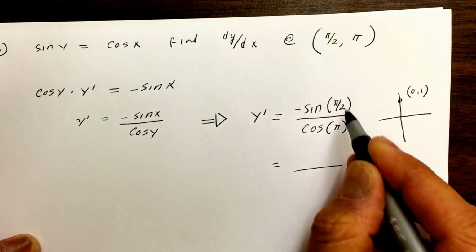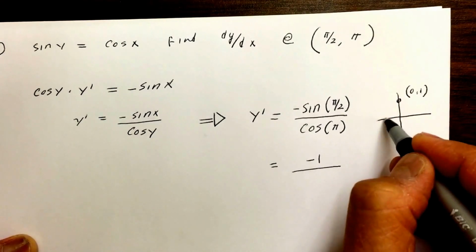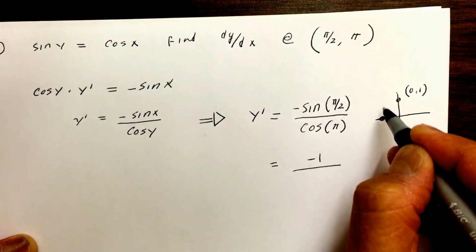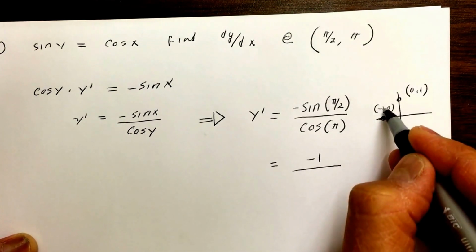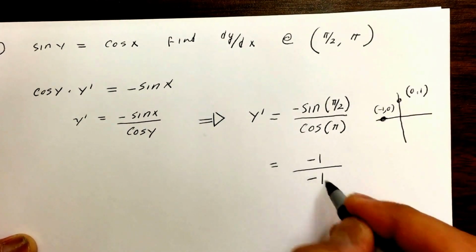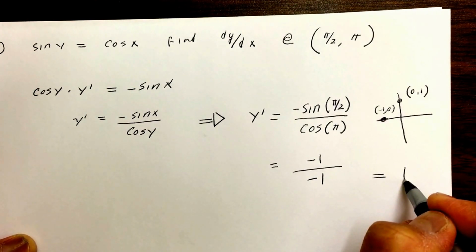Sine at 90 degrees is 1. This is 180 degrees. Cosine at 180 degrees is negative 1. And we have an answer of 1, which is option C.